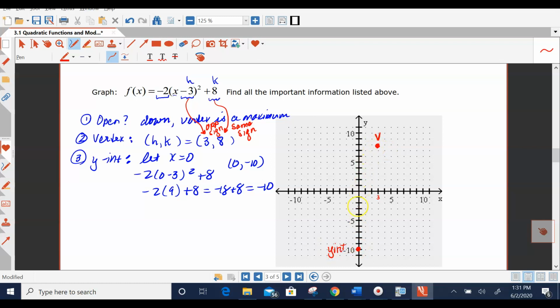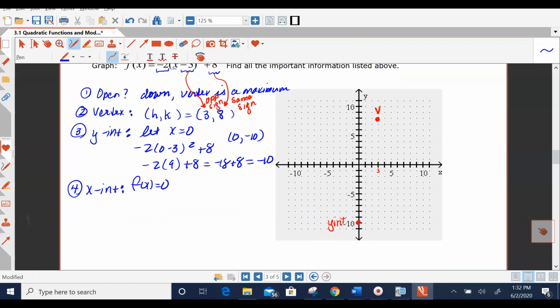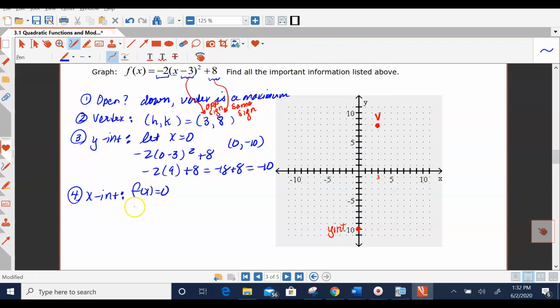So if I drew my parabola, I can see that it's crossing the x-axis in 2 spots. So I need to find my x-intercepts. And if we look back at our theory, we find the x-intercepts by letting f of x equal 0. So I'm going to take that function, negative 2 times x minus 3 squared plus 8, and set it equal to 0, and let's solve it.